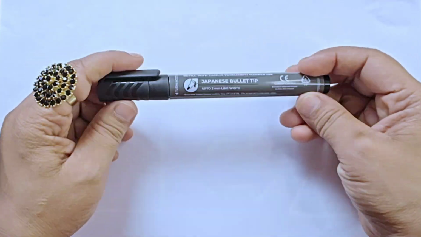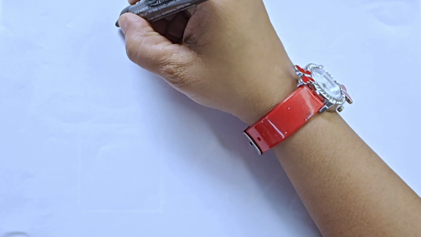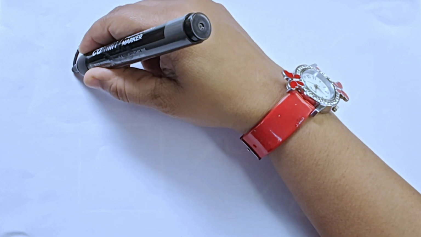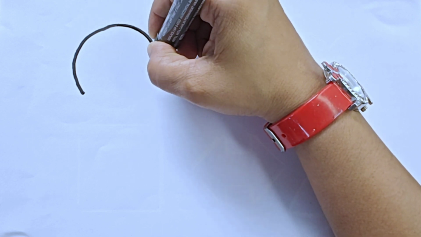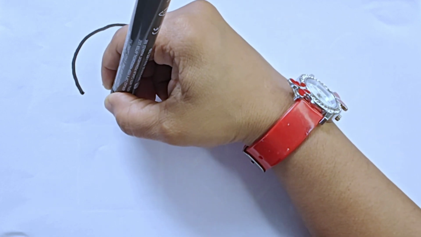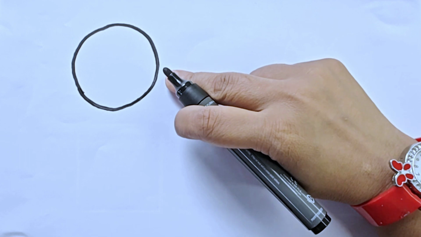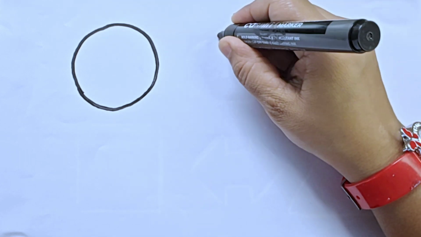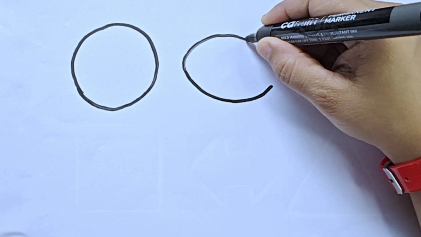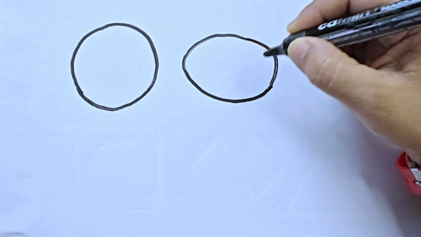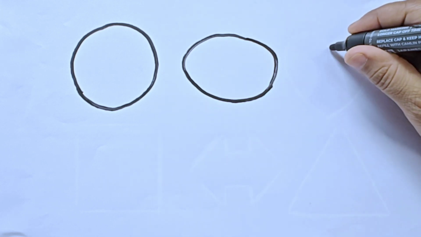This is black color. It is circle. It is oval.